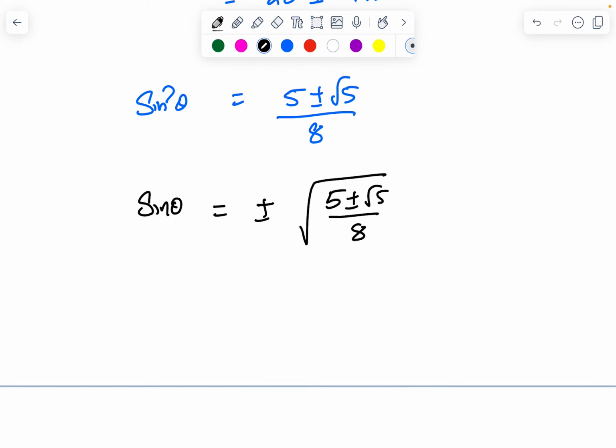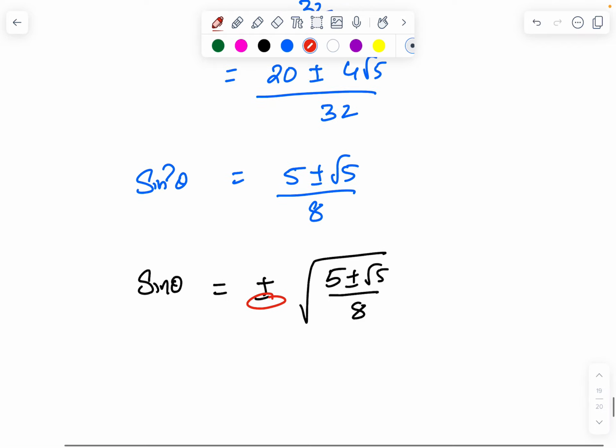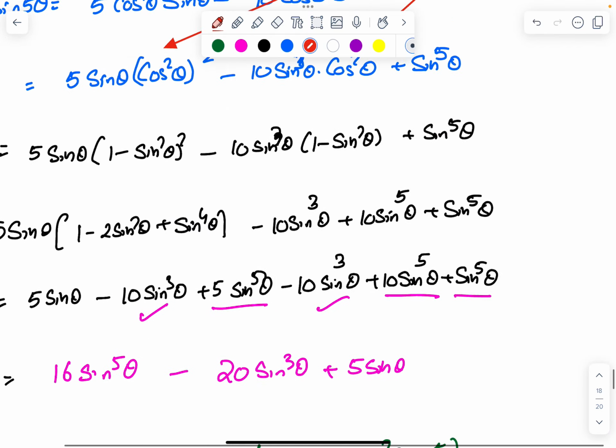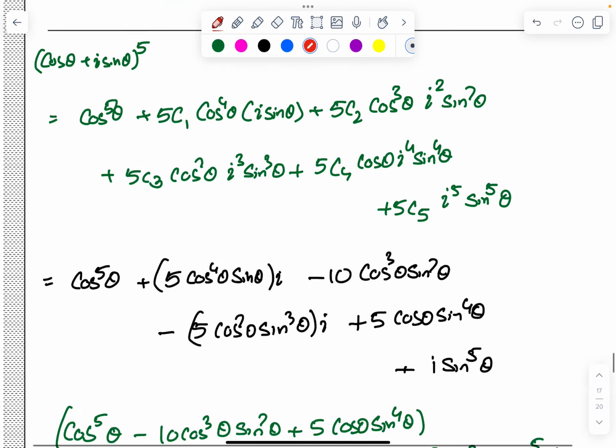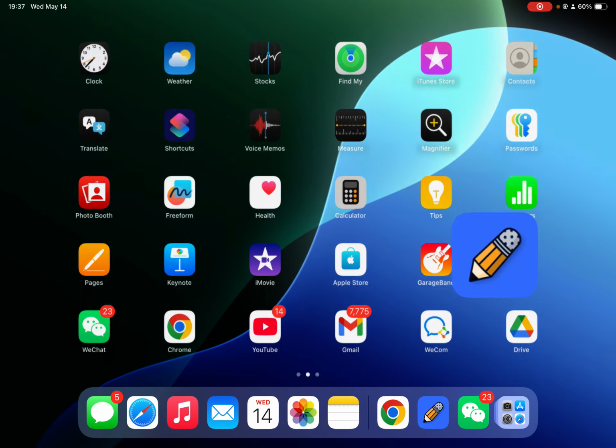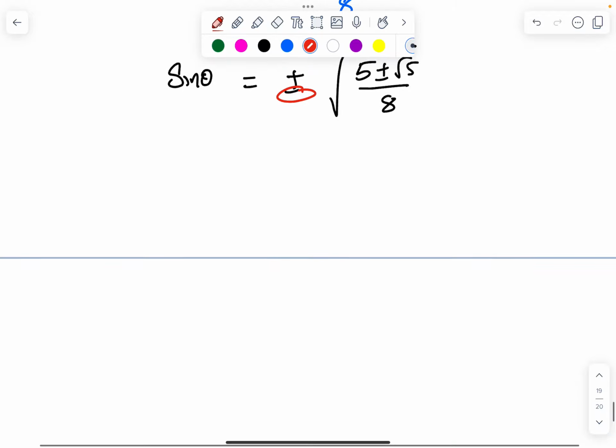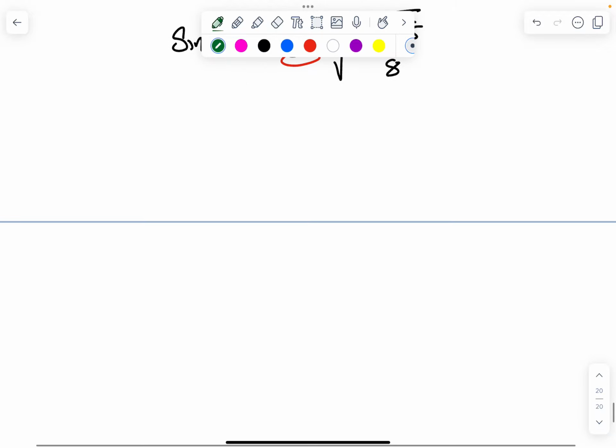But I take only the positive one. I don't take the negative one because it is in the first quadrant. Because the solutions are in the first quadrant, I always take the positive answers only. So what am I going to take?